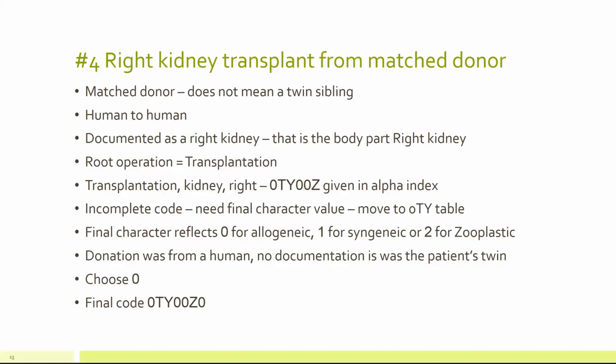So it's a right kidney being put into this patient's body. Where it's being put in this patient's body, the right side or the left side, has no impact on our code assignment. In this case, we're going to index the root operation of transplantation, kidney right, because that's the organ that's being put into this patient, is a right kidney from the donor.